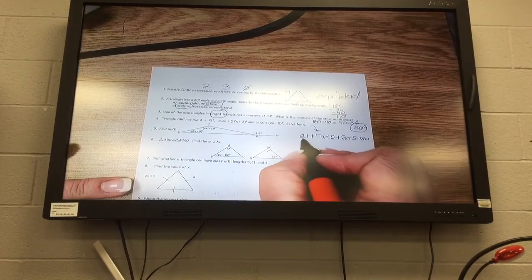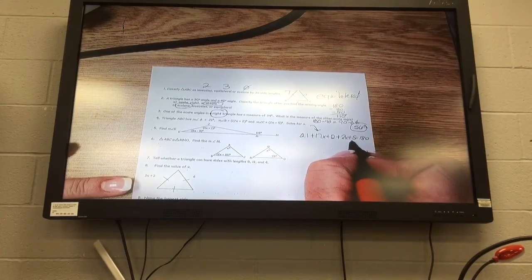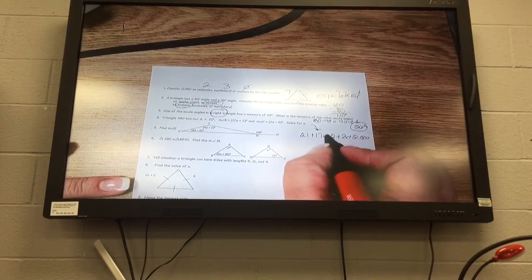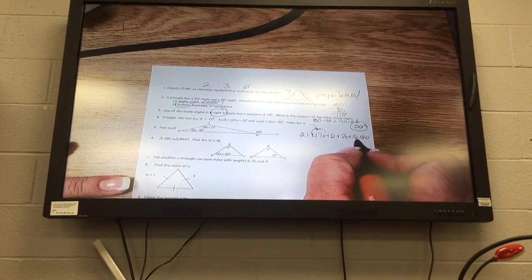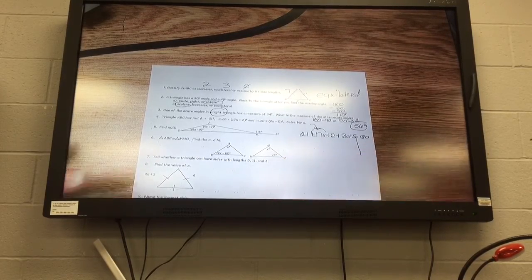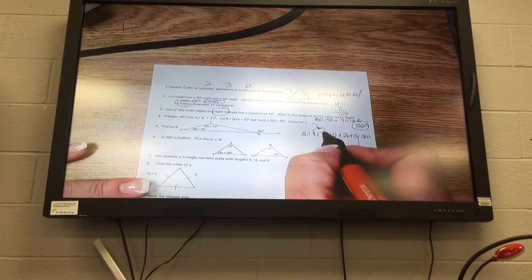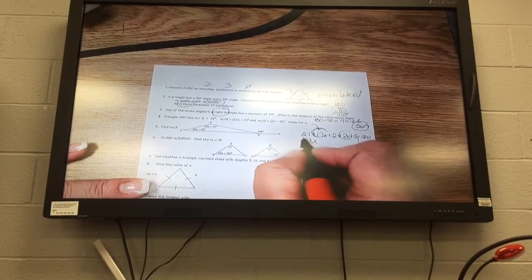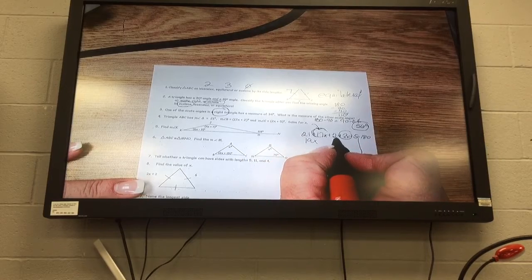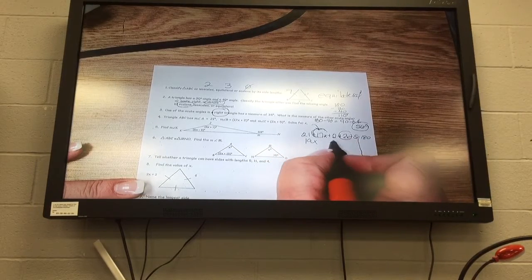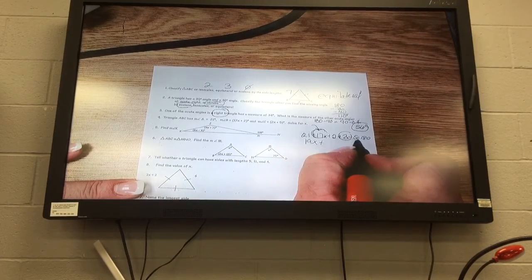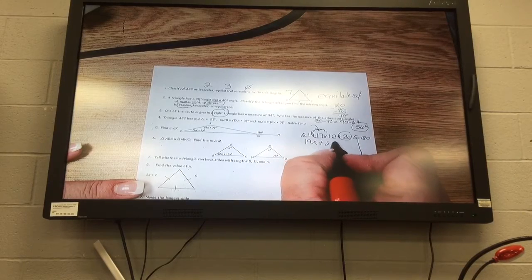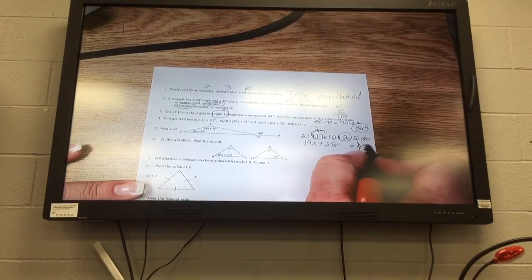So I have 1, 2, 3 angles equal 180. I'm going to simplify. Remember, this equal sign kind of divides it into 2 parts. The 17 and the 2 are like terms, so that gives me 19x. 21 and 2 and 5 give me 28 equals 180.